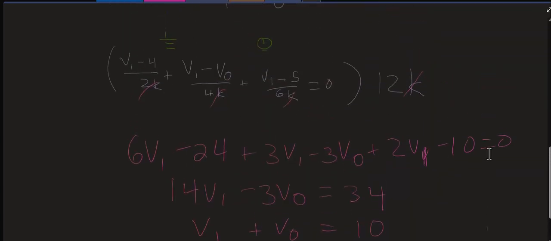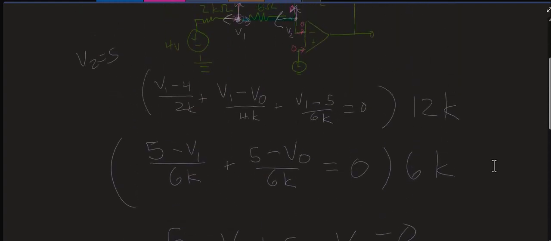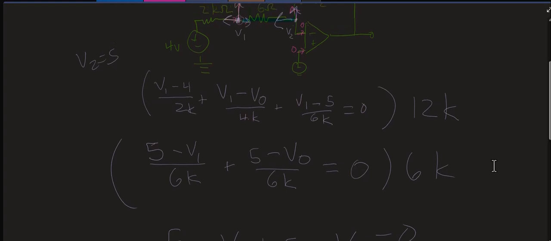Let's see where my mistake is. V1, 2K, 4K, 6K, 4K with V out.